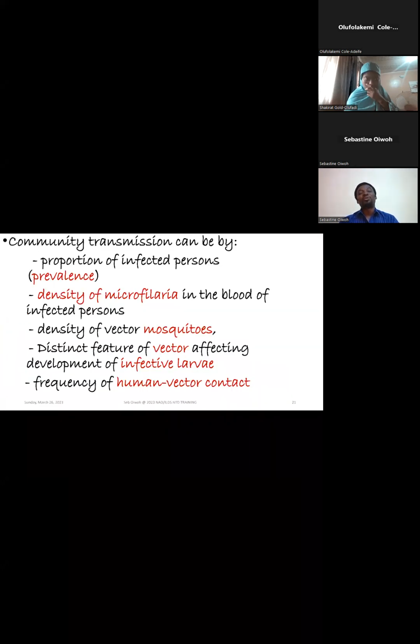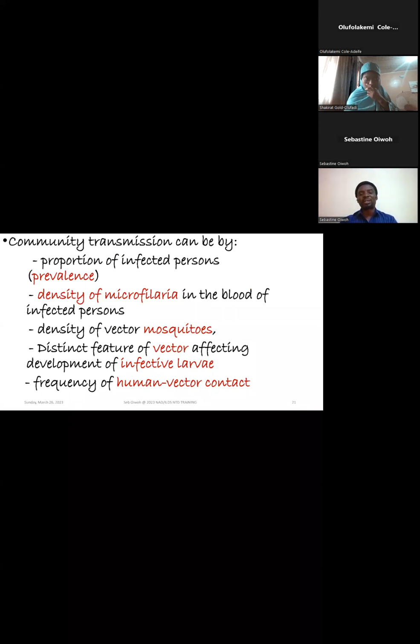Once we have this understanding, we know that there are four phases: the first two are in the mosquito, while the last two are in humans. But what really determines community transmission? One person can have it and it may not be endemic in the community.